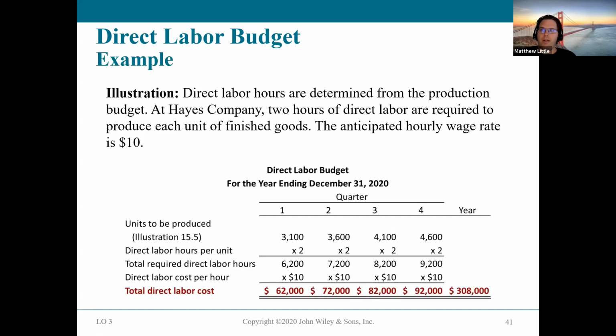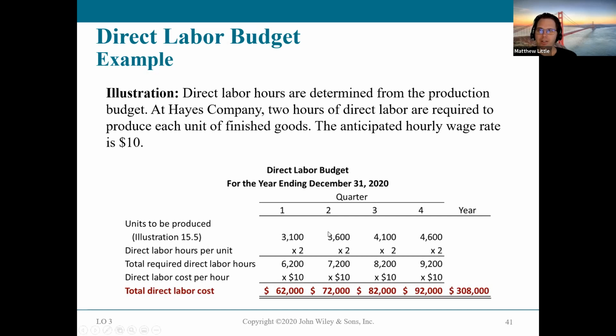So a little example here, looking at the units to be produced, 31, 36, 41. So that ties in with the earlier slide near the beginning of the lesson, sales. So this Hayes company, and we're told 2 hours of direct labor are required to produce each unit of finished goods, and our hourly wage is $10. Somebody hasn't updated that in a long time.